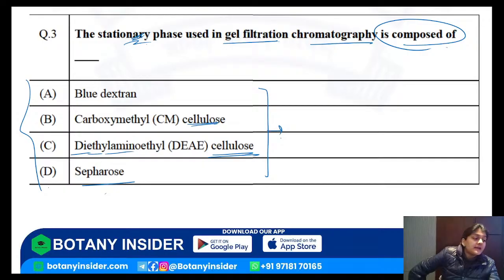The stationary phase that is used in gel filtration chromatography is composed of which of the following? Blue dextran, carboxymethyl cellulose, DEAE. Quickly mark it.